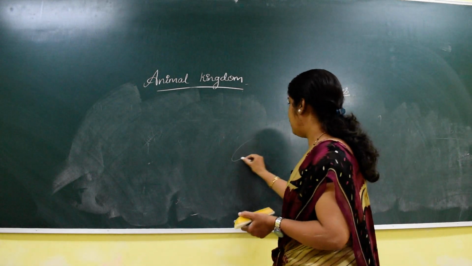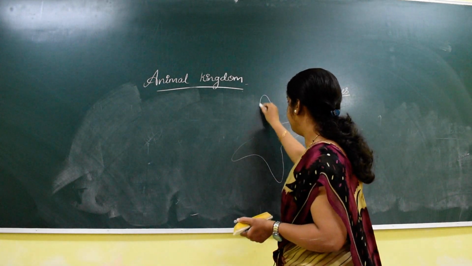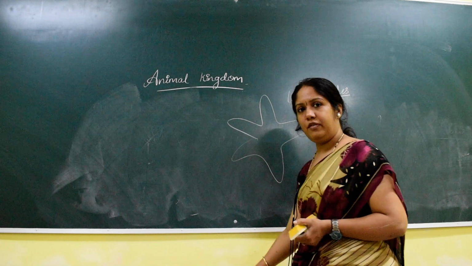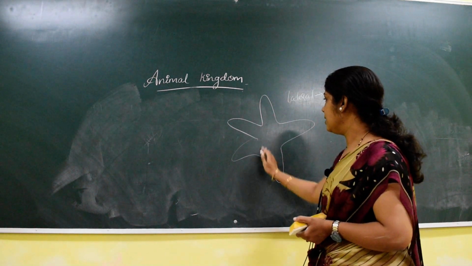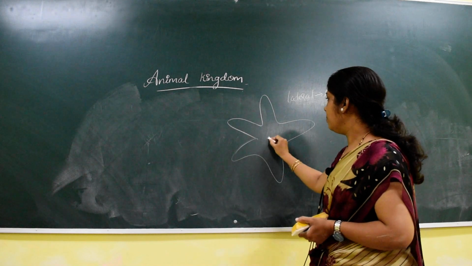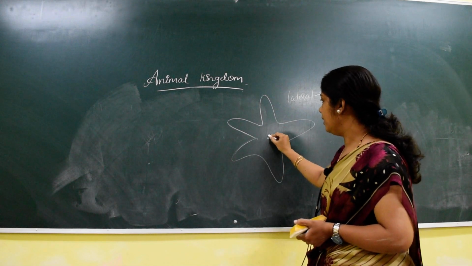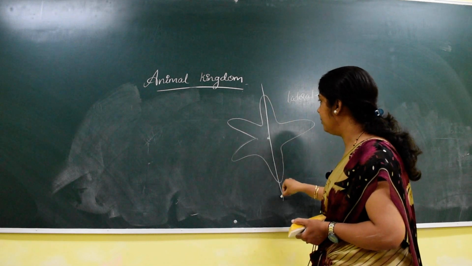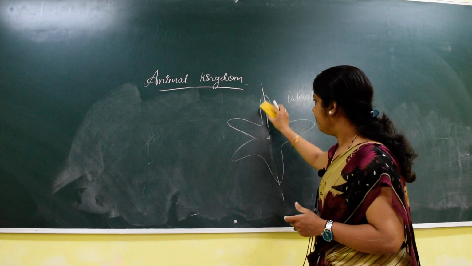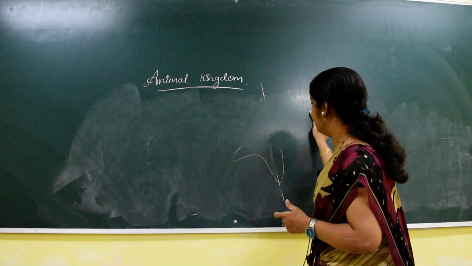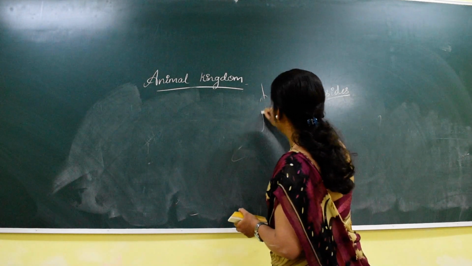Whereas the example of starfish, it is a radially symmetrical animal. So radially symmetrical means, passing through the central line, when you cut, we will get two equal halves in any plane. I'll write it.